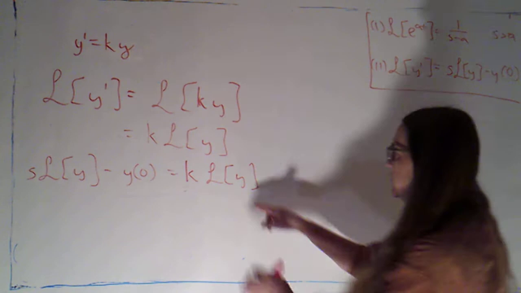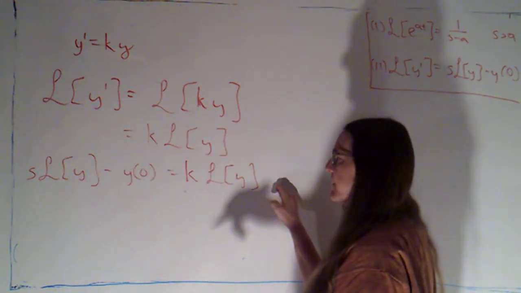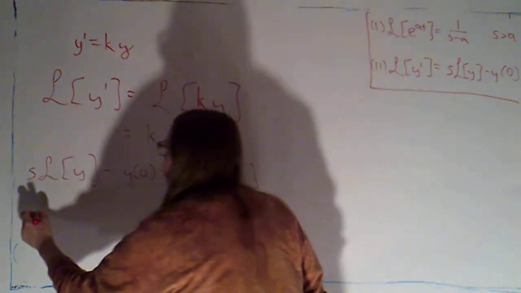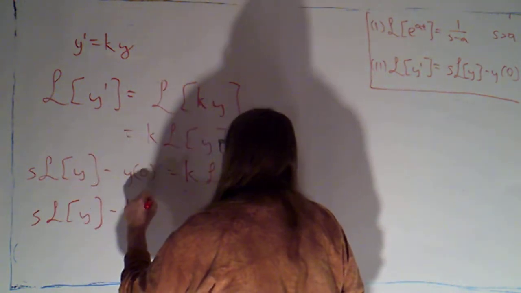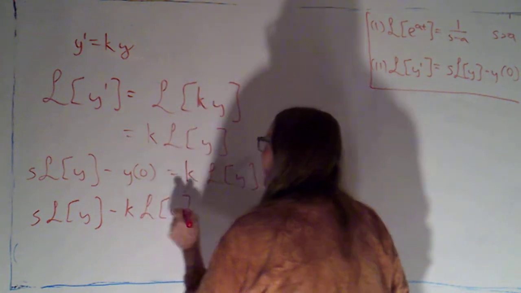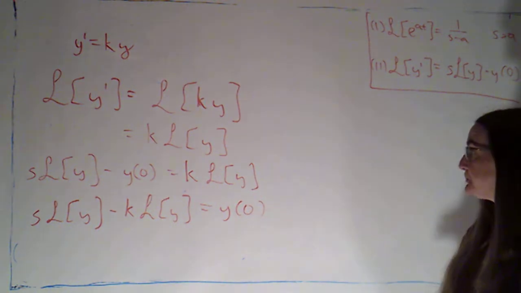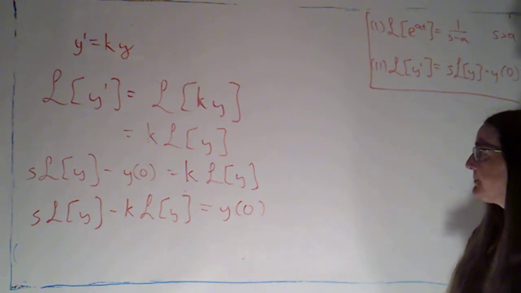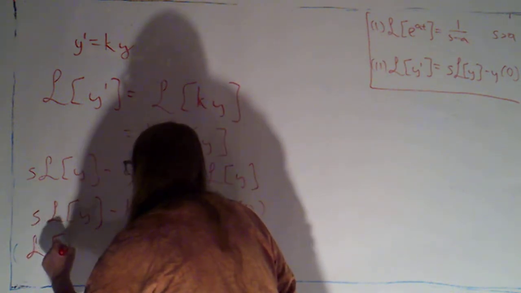I think what I'm going to do is just swap these pieces so that I get a positive y of 0 over here. So I'm going to have s times the Laplace transform of y minus k times the Laplace transform of y is equal to y of 0. Excellent. So here I can factor out the Laplace transform of y.